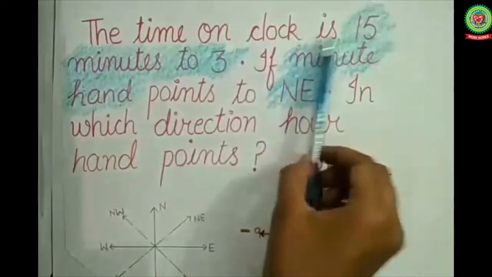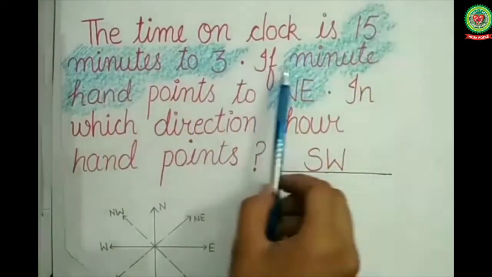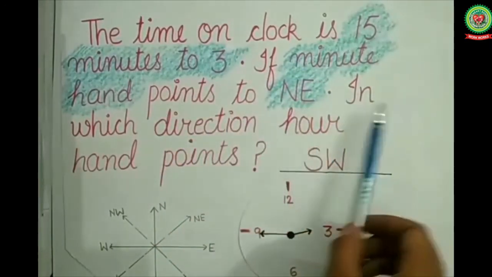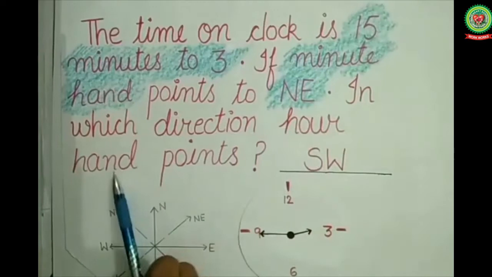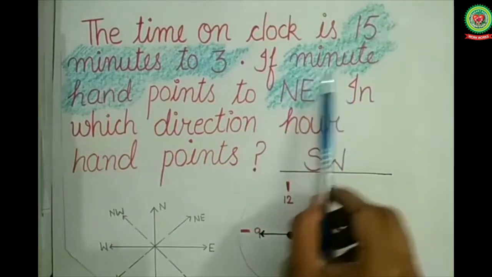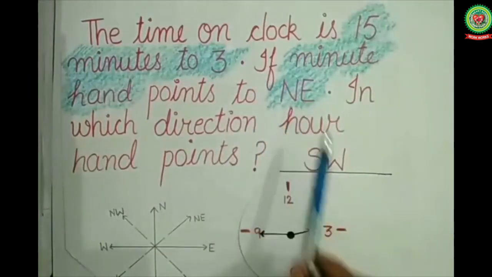The time on clock is 15 minutes to 3. If the minute hand points to northeast direction, in which direction does the hour hand point? Now students, you can see here it is a clock in which the time is 15 minutes to 3. That is 2:45. You can see the minute hand and the hour hand. So now he is saying the minute hand is in the direction of northeast.